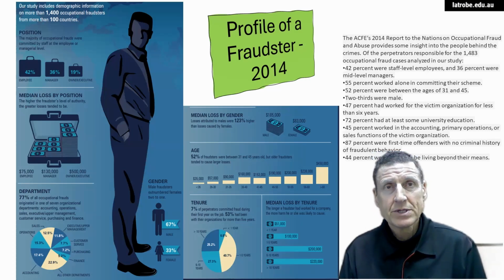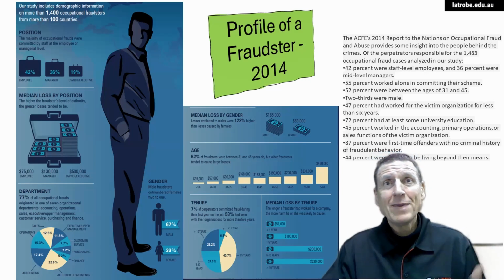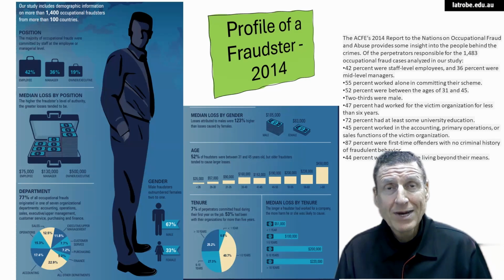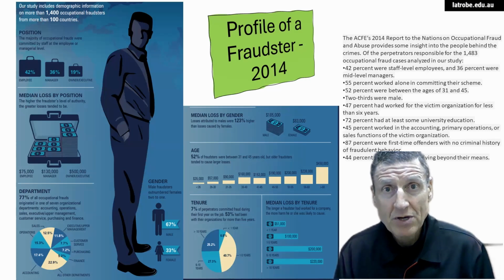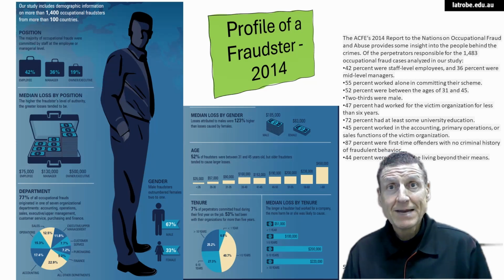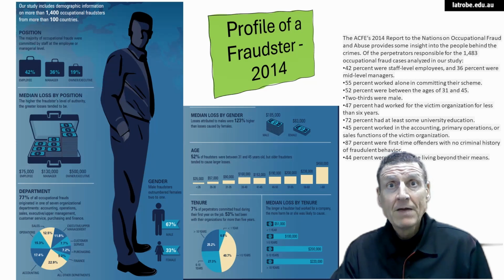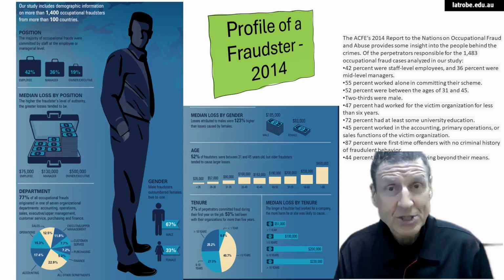And I just want to give you two snapshots, 2014 and 2024. Above me, we have 2014, the average of the perpetrators of the cases that they reported on. We're talking about over 1,400 occupational fraudsters. 42% were staff level employees, 55% worked alone, 52% were between the ages of 31 and 45, 2/3 were male, 46% worked for the victim organisation, 72% had at least some university education.